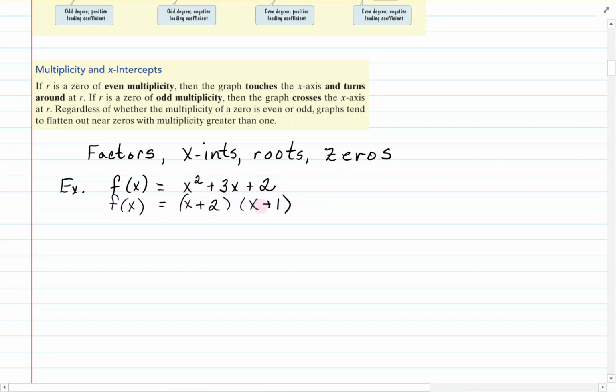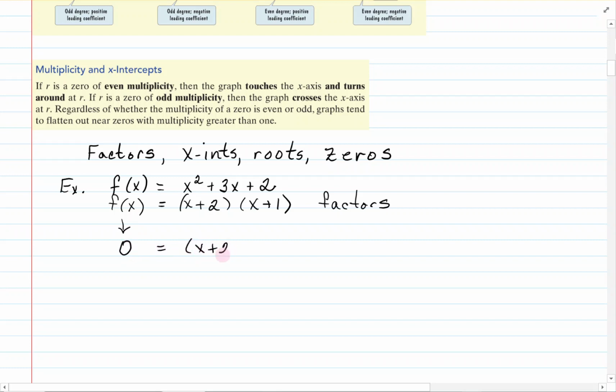These x plus 2 and x plus 1 are the factors. The x-intercepts are where the graph crosses the x-axis, so f of x is 0.